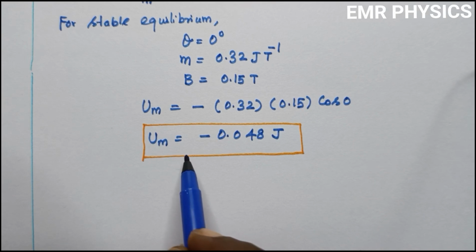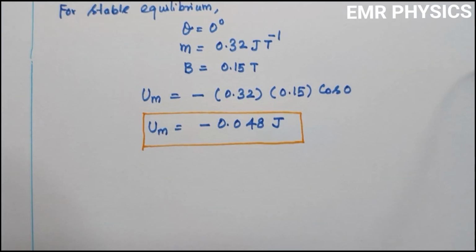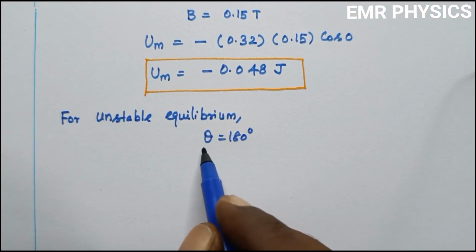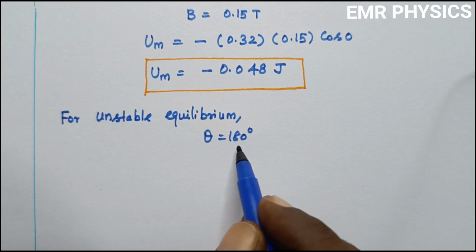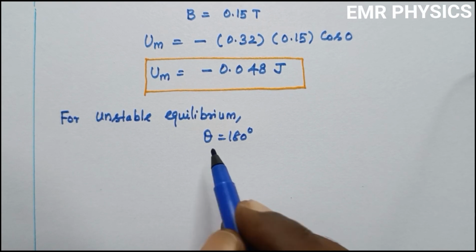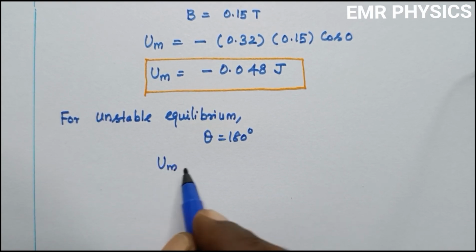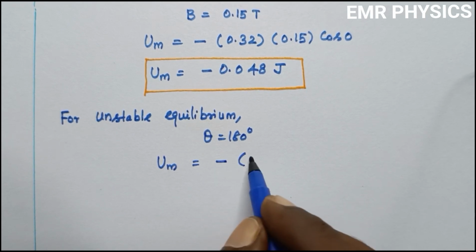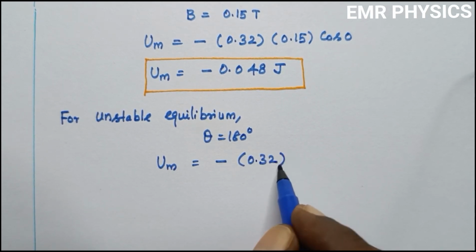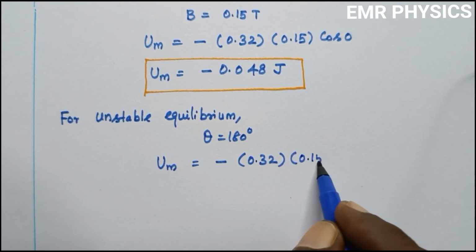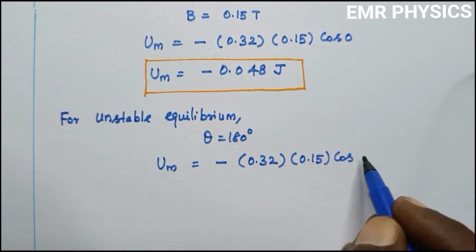Similarly, we can find the potential energy for unstable equilibrium. For unstable equilibrium, theta is equal to 180 degree. We know the values of M and B. Therefore, U_m is equal to minus 0.32 into 0.15 into cos 180 degree.